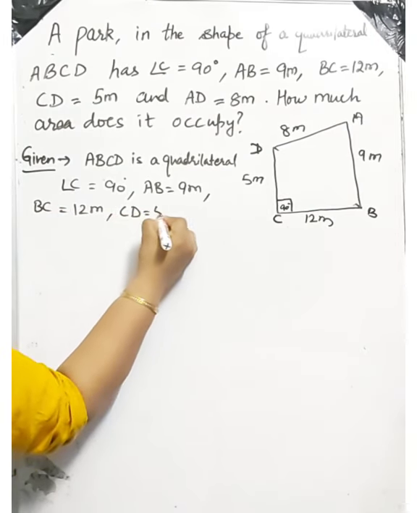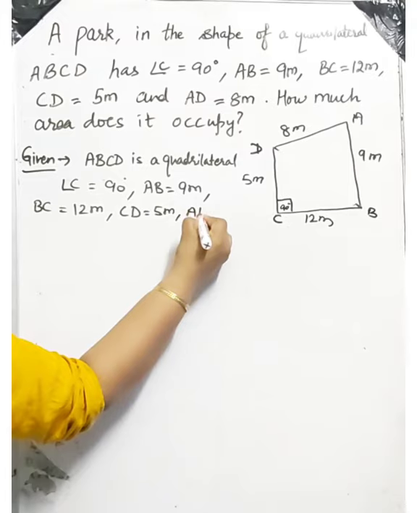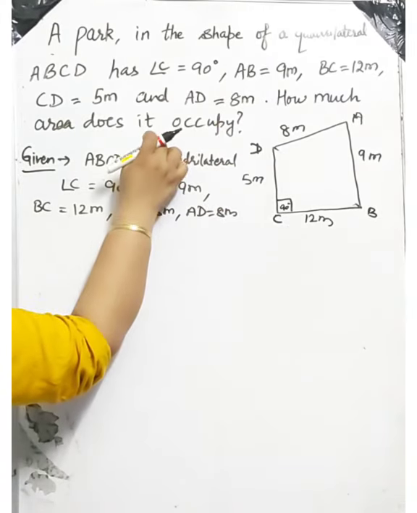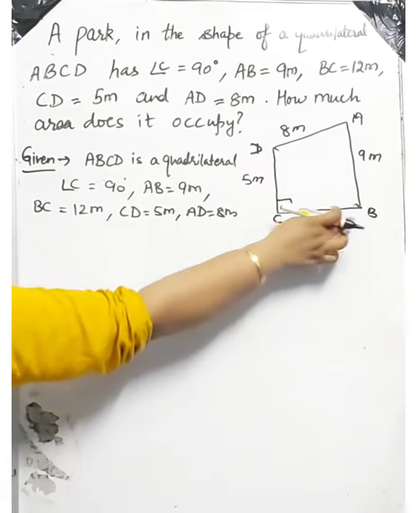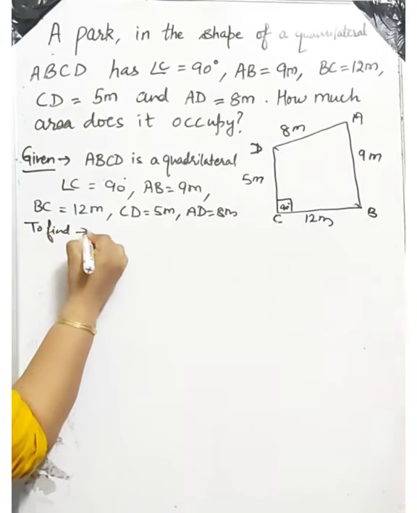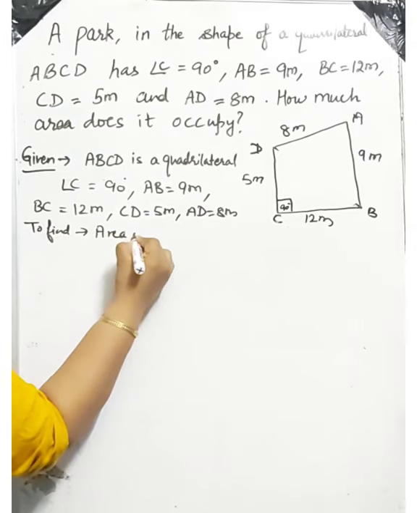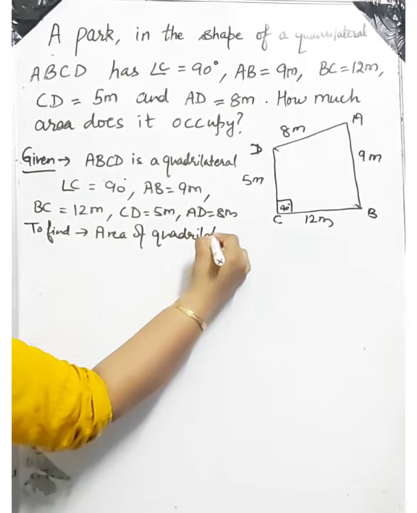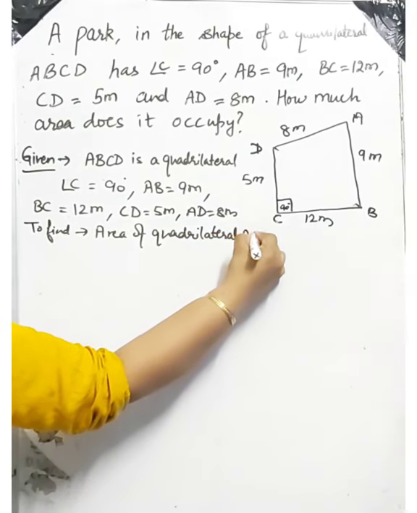CD equal to 5 meter. And AD equal to 8 meter. How much area does it occupy? Means we have to find area of this quadrilateral ABCD.